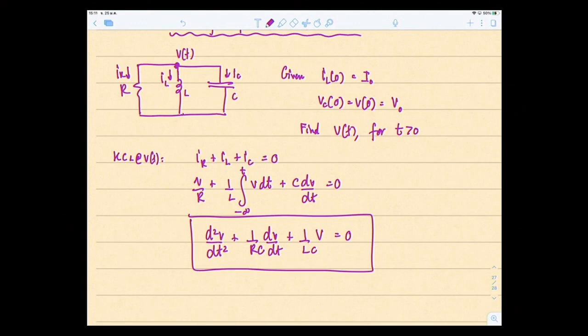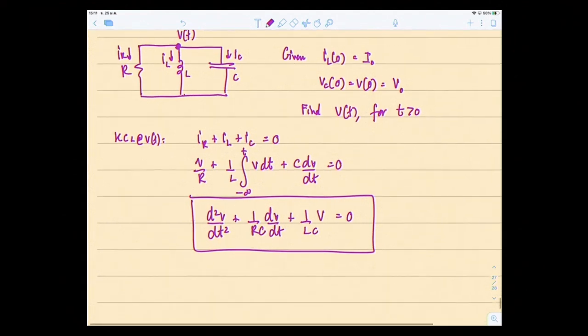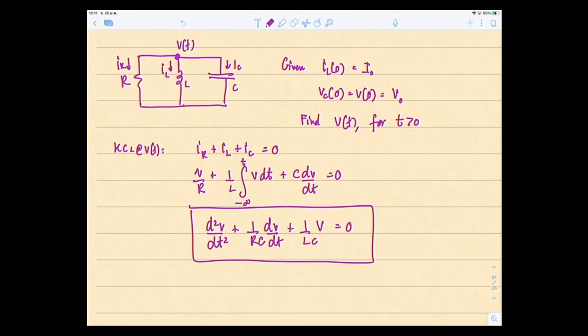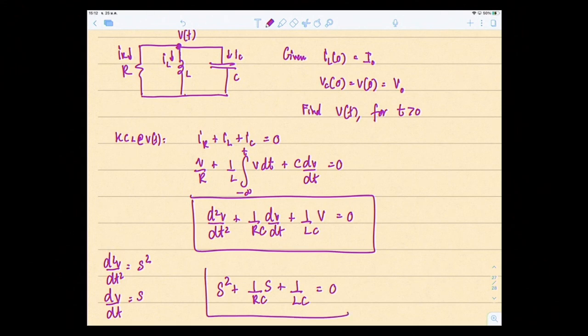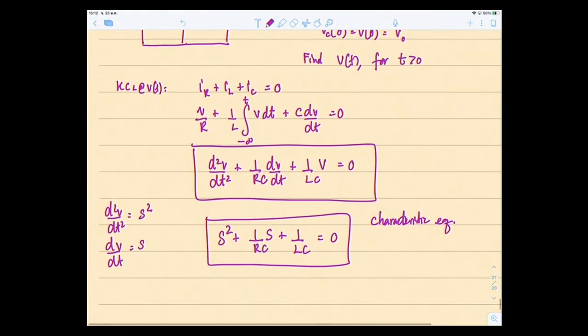Now I'm going to jump into our characteristic equation. I'm going to give you a shortcut: we represent d squared V/dt squared with s squared, and replace dV/dt with simply s. Therefore our characteristic equation turns out to be s squared plus 1 over RC s plus 1 over LC equal to 0. This is the characteristic equation, and you have to find the roots S1 and S2.